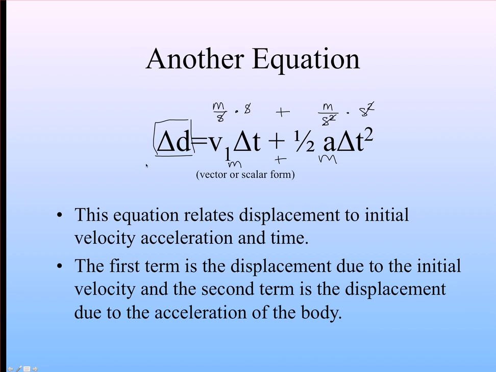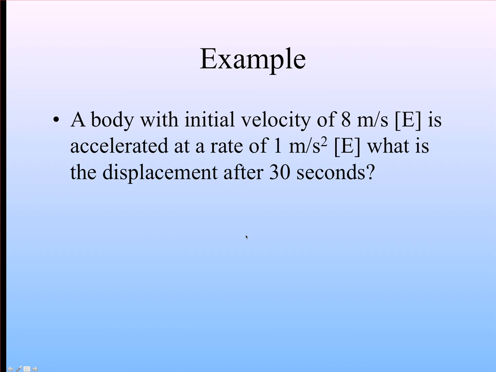And so let's do an example. A body with an initial velocity of 8 meters per second east is accelerated at a rate of 1 meter per second squared east. What is its displacement after 30 seconds? Well, let's first identify all of the information given. We have a velocity of 8 meters per second east. We have an acceleration of 1 meter per second squared east. We have an elapsed time of 30 seconds.